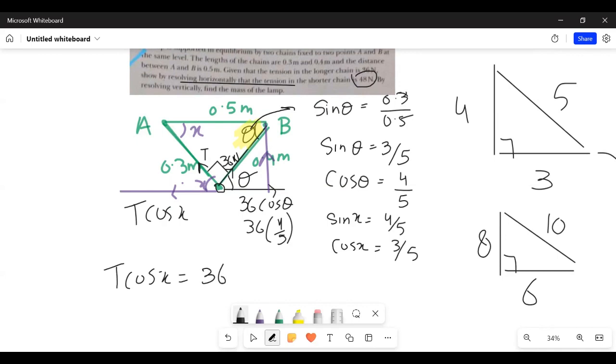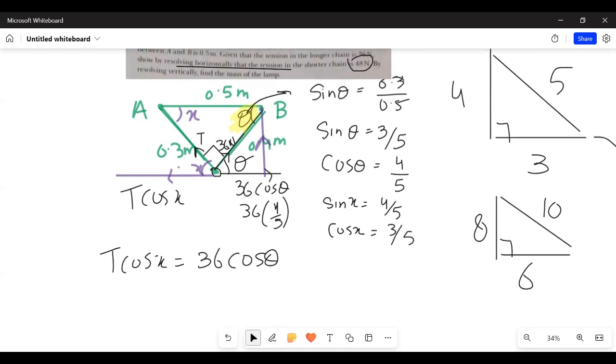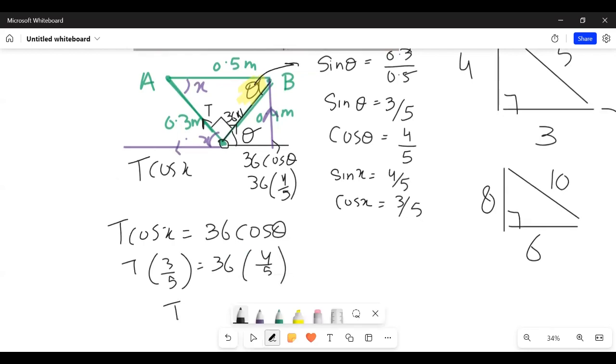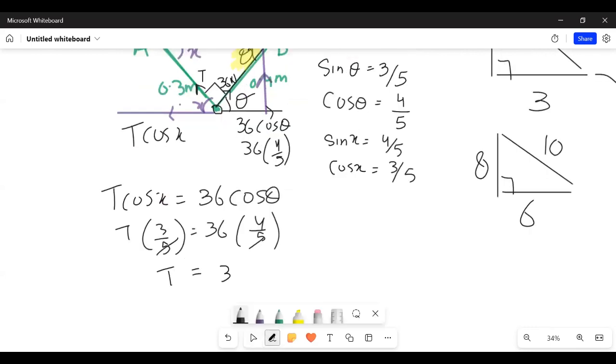So T cos x equals 36 cos theta. We know cos x is 3/5, so T times 3/5 equals 36 times cos theta, which is 4/5. So T comes out to be, canceling 5 and 5, 36 times 4 over 3, which is 48 newtons. Same answer as before.